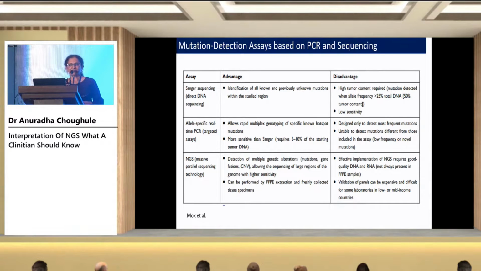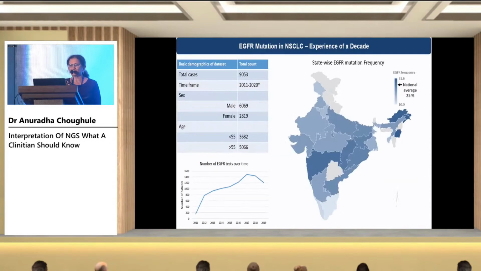But as I said, effective implementation of NGS requires good quality DNA and RNA, which is not always present in FFPE samples because of formaldehyde degradation of DNA. And of course, you need a lot of validation of panels, which can be expensive and difficult for some laboratories in low or mid-income countries.